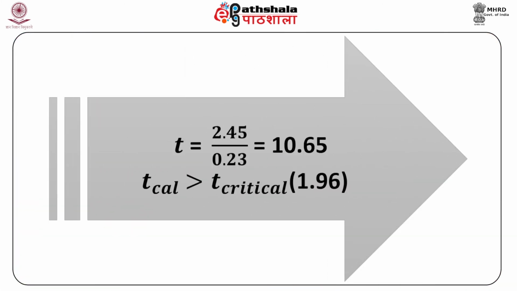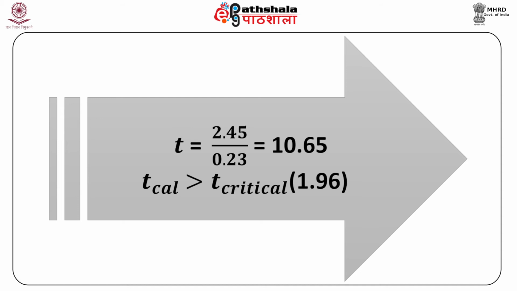Now, the T statistic can easily be calculated by looking at the regression output, and we get the T value which is equal to 2.45 upon 0.23. So 2.45 you can see is the value of the coefficient in the first cell, and you can also see the standard error is given to be 0.2318, and using these values we get the calculated T value equal to 10.65.